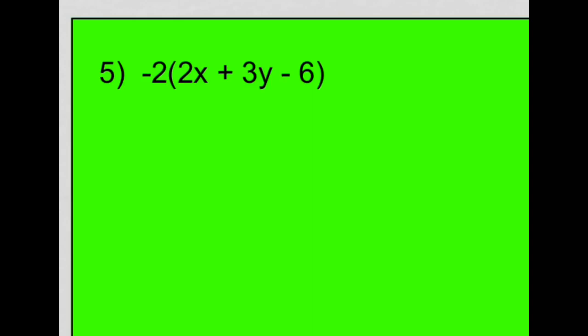And we're going to have 2 groups of this. So it's not 2x, it's going to be negative 2x. It's not positive 3y, it's going to be negative 3y. And it's not negative 6, it's going to be positive 6. And we're going to do that 2 times.